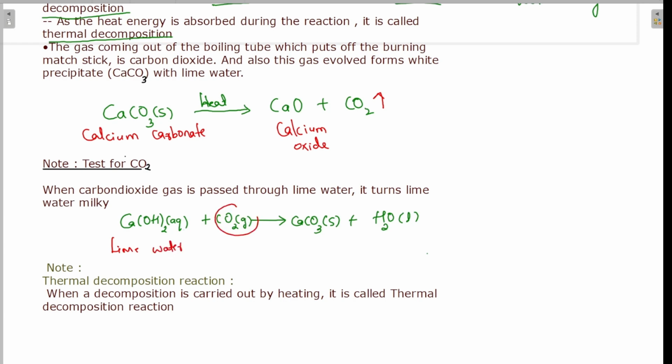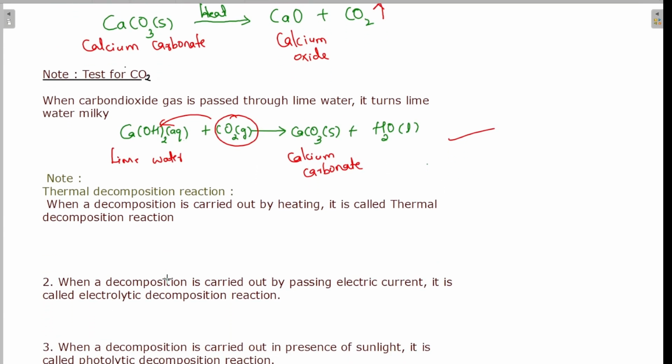When the carbon dioxide gas is passed through this lime water, calcium carbonate is formed, which is not completely soluble in water. This is calcium carbonate. Because of the formation of this calcium carbonate, the lime water will turn milky. This is about the test for carbon dioxide gas.